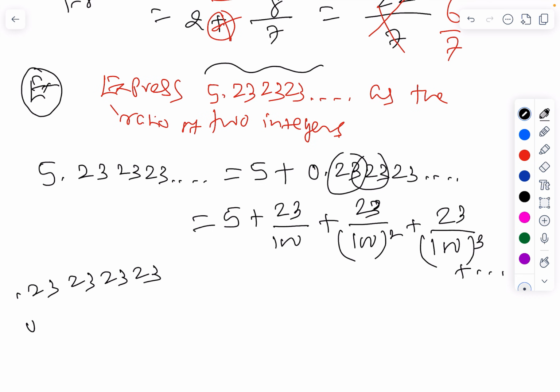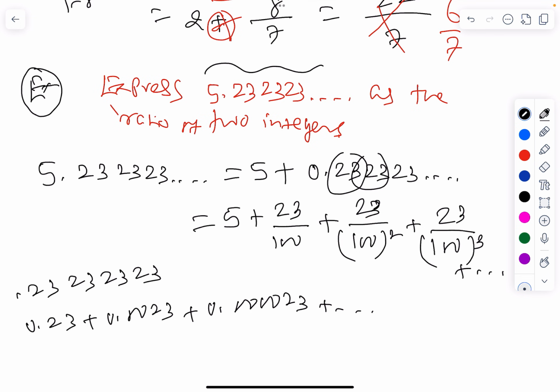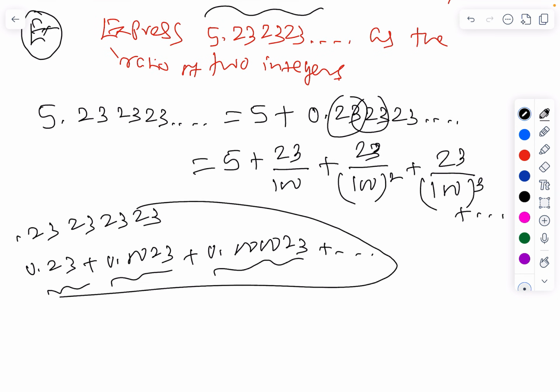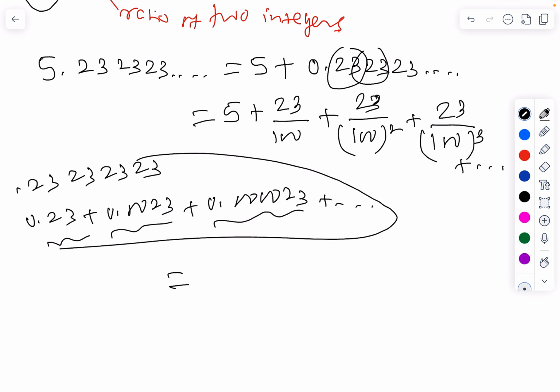0.23 we can write as 0.23 plus 0.0023 plus 0.000023 and so on. So for this we write 23 by 100, for this we write 23 by 100 square, for this we write 23 by 100 cube and so on. But now we see this is a geometric series.